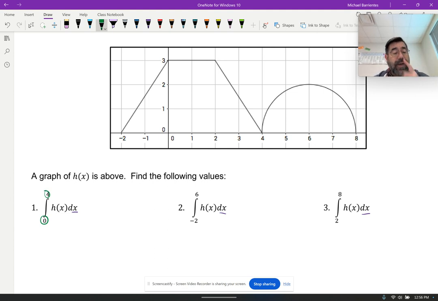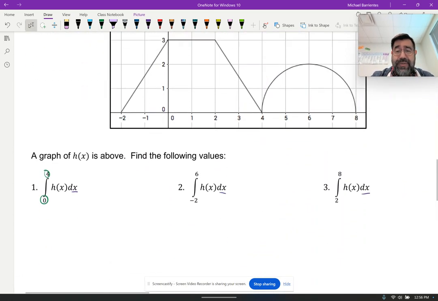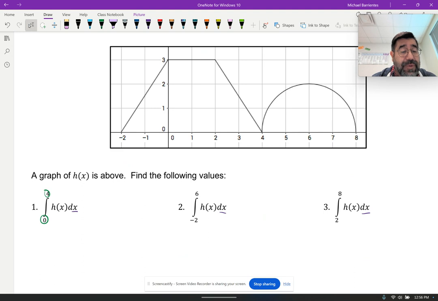So when I look for the definite integral value of number one here, I have a new graph. I have a trapezoidal figure, and then we have a semicircle. So those are things to keep in mind here. We're going to find the definite integral of h of x, new graph shown, from 0 to 4.